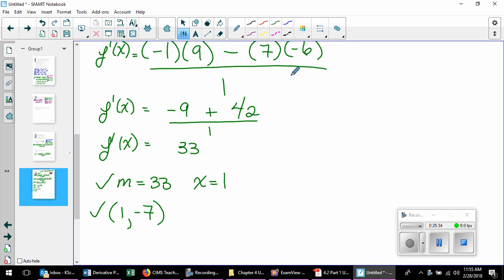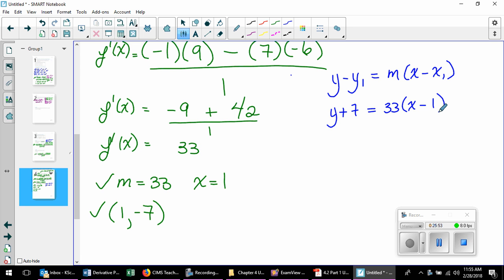So it's slope point form. Y minus y1 equals m times x minus x1. Y stays. Y1 is -7, so it's going to be add 7 equals the slope of 33. X stays. 1 gets substituted in there, so I've got y plus 7 equals 33x minus 33.